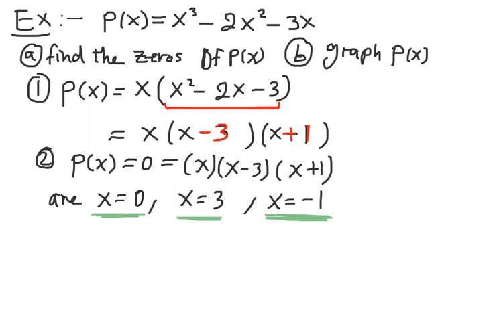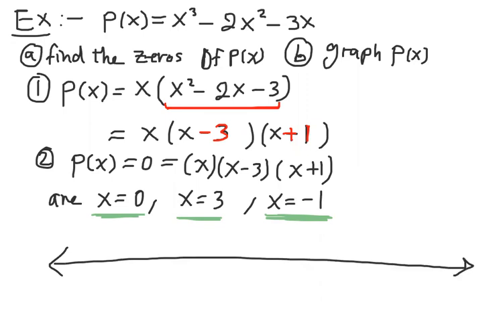Like before, we get the 3 zeros, we draw a line, and we put the zeros on this line: 3, 0, and -1. Now we check the sign.